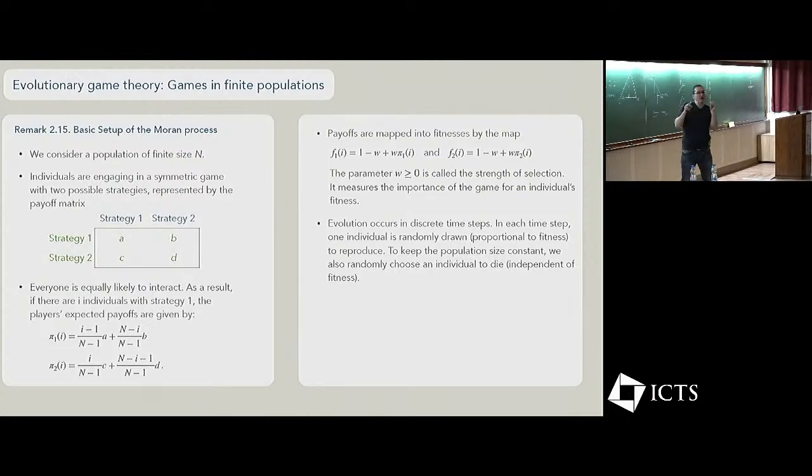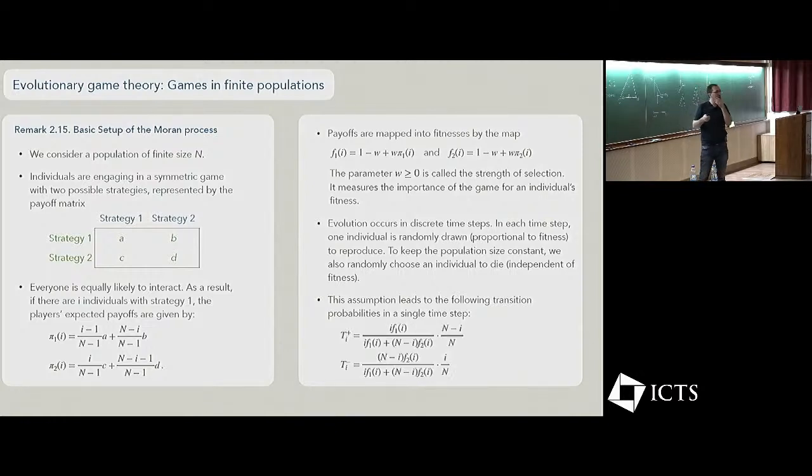If these are the rules, you can ask yourself, within one time step, what is the probability that the number of players with strategy 1 will move up by 1? What is the probability that it will go down by 1? Obviously they cannot go up by 2, because in each time step at most one individual changes.